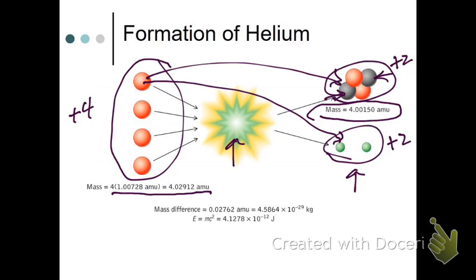The total mass difference is given here, so there's our mass defect, and that gives us, in terms of kilograms per fusion process, 10 to the minus 29, which is obviously pretty small. If we do an E equals mc squared, though, that's 10 to the minus 12 joules. And then if you start thinking about numbers, that, for example, if we had a mole of helium-4 nuclei produced, exactly how much energy that would produce is quite significant. So this is a process that generates an awful lot of energy.